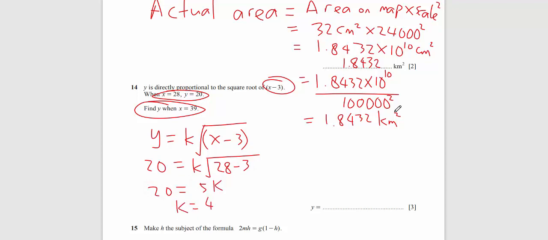Then your equation will be 4 square root of x minus 3. To find y, they give you when x is 39. So you have 4 times the square root of 36. The square root of 36 is 6. So 4 times 6 will be 24.